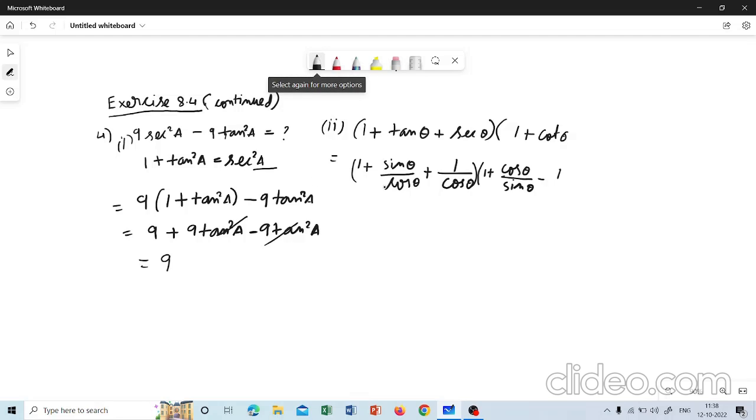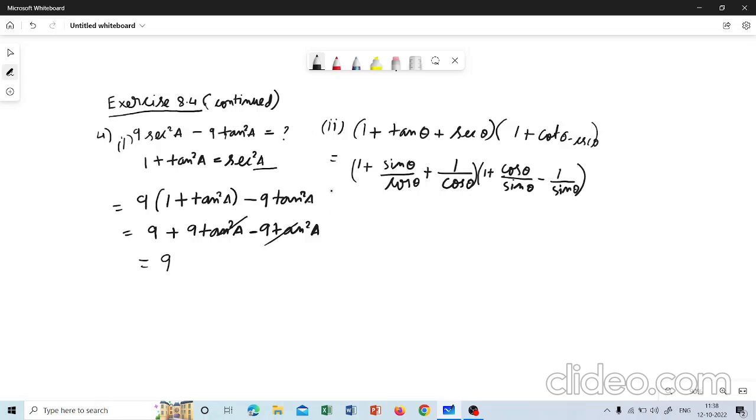This should be cosecant here, so this reads as 1 by sin theta.